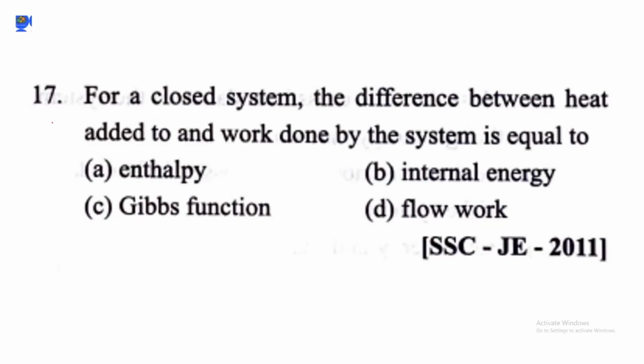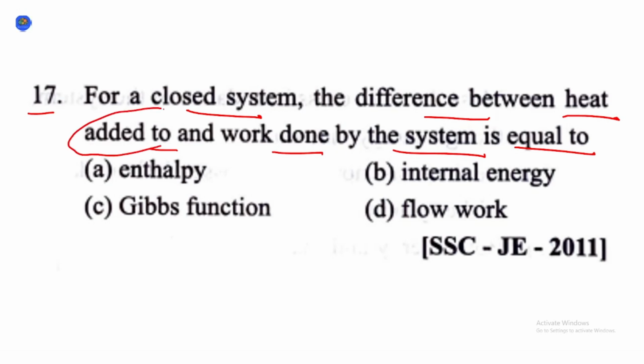So the next question is, for a closed system, the difference between heat added to and work done by the system is equal to. You have to be careful with these words, because whether heat is flowing into or out of the system, or work is flowing into or out of the system, it makes a new sign convention.